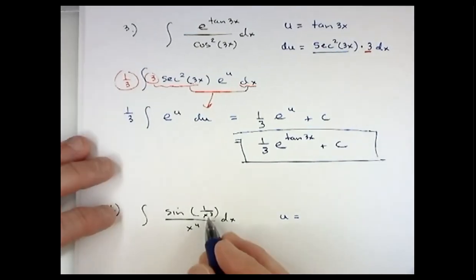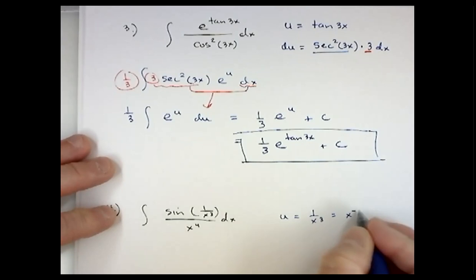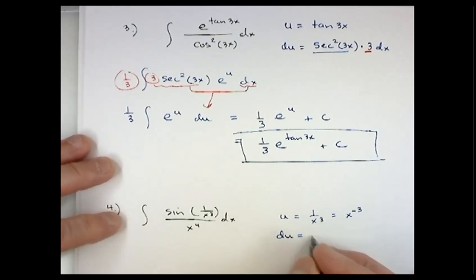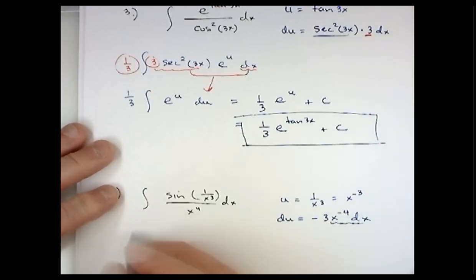So the only thing I can think of is letting it be 1 over x cubed, which would be x to the negative 3. And my du here would be, this time, negative 3x to the negative 4, which we have. We can make that work, because if I rewrite this x to the 4 and bring it up, it is x to the negative 4 dx.